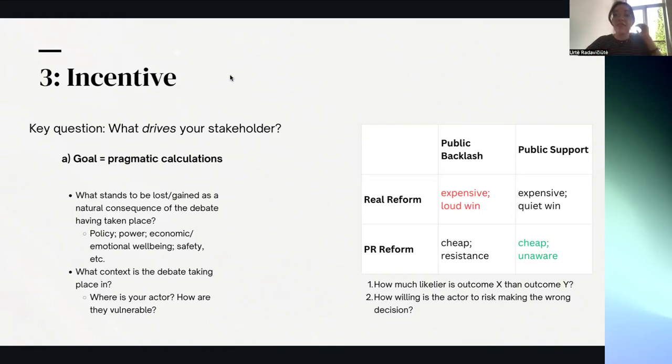So the ideal scenario for a company or an institution would be that they don't spend a lot of money, time, resources on actually changing the way that the company's business operates, but that the public doesn't catch on to it, and that they actually support or continue supporting or even amplify their support for said business. So this would result in very few resources used up, and this would potentially even amplify the amount of resources that the companies have.